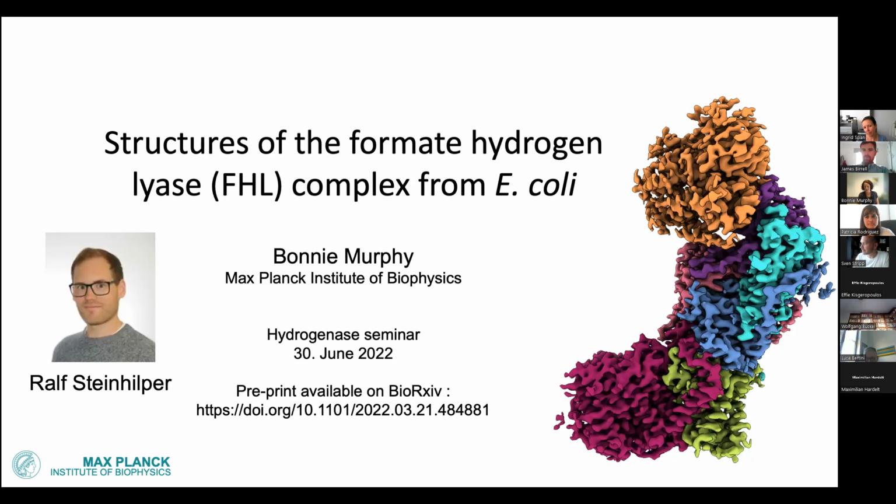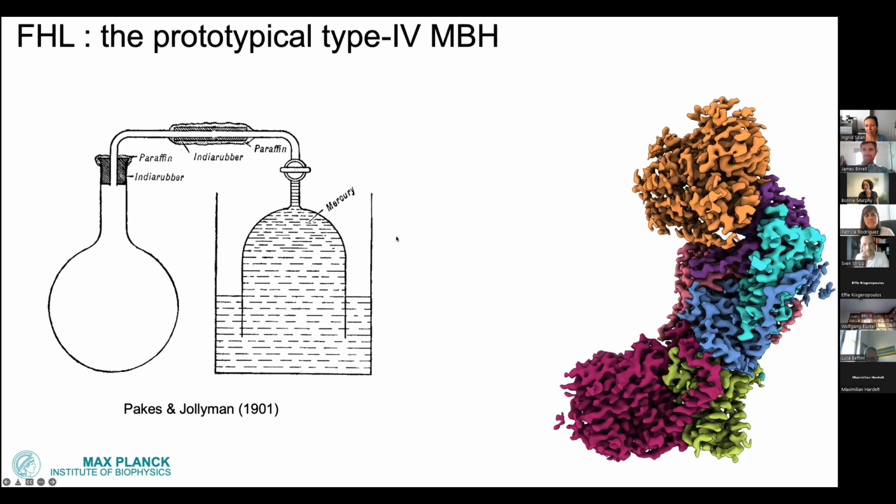So FHL is like an old love of this community, I suppose, because already at the beginning of the 20th century, Pakes and Jollyman were looking at bacterial fermentation and noticed that formate could be converted into CO2 and H2 by cultures of bacteria that later turned out to be E. coli.